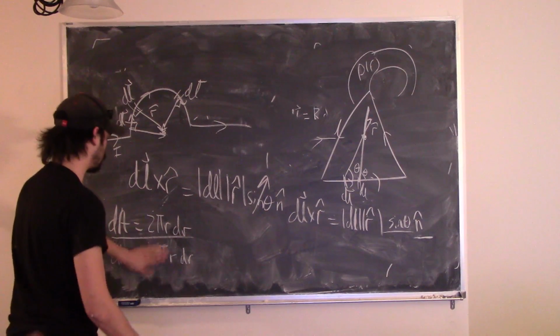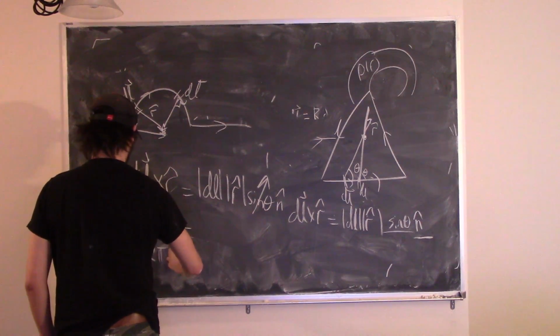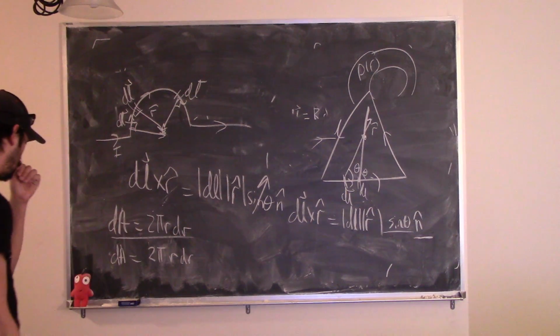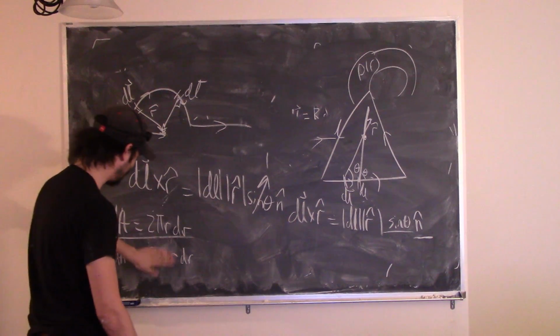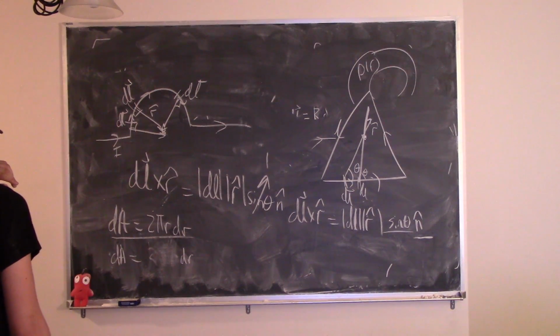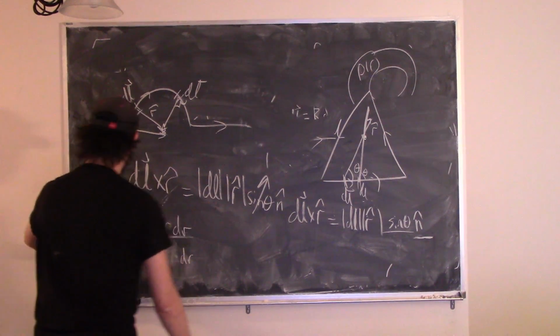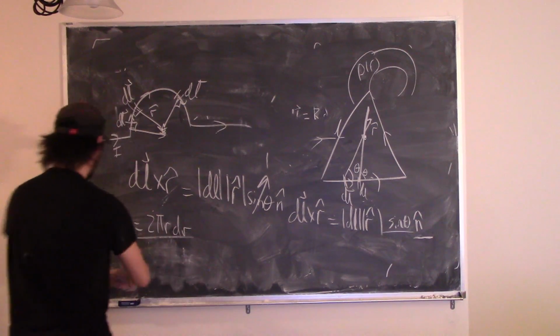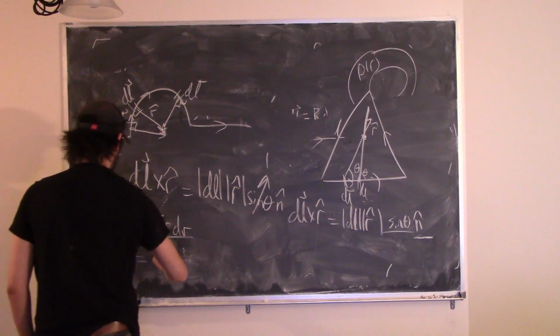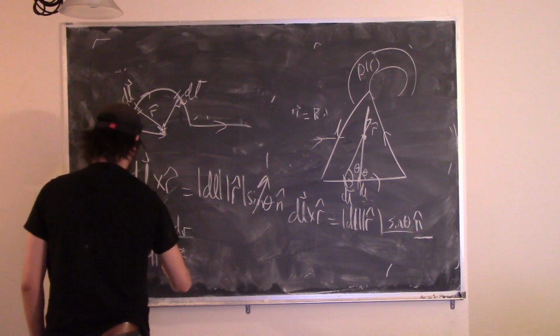This is going to be 2 pi r d. I'm blanking for a second. Well, it's actually not a dA. It's just an A. So I say, for instance, A is equal to 4 pi r squared.